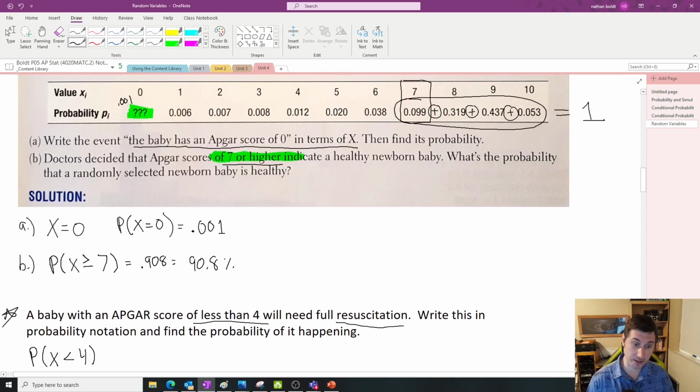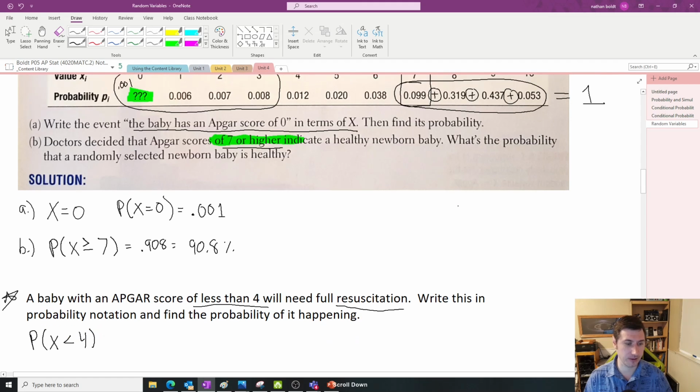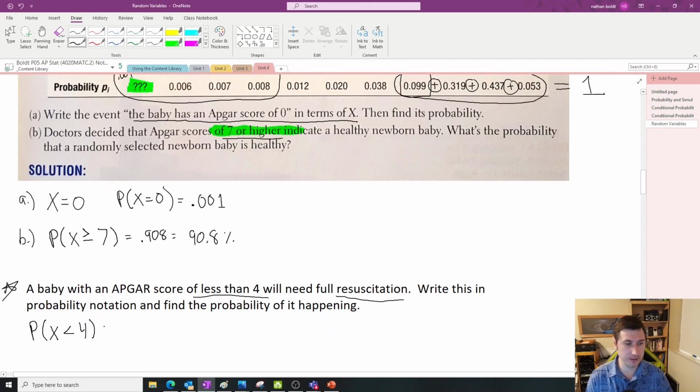There's no equal sign, so I don't include 4. So that's from 0 to 3. That's the part where you want to read carefully. Do you include the endpoint or not?